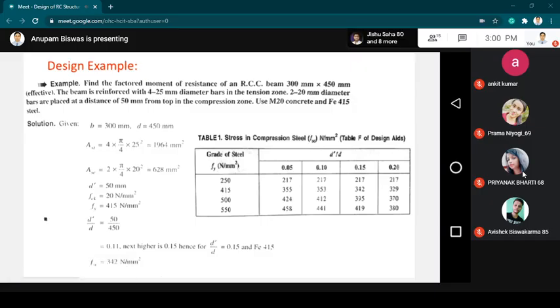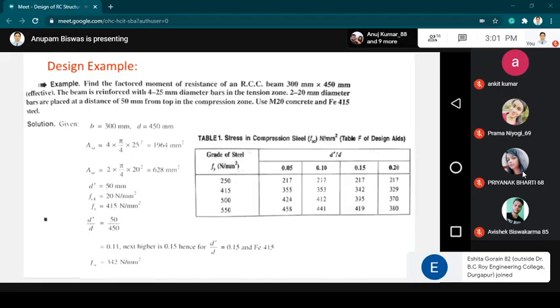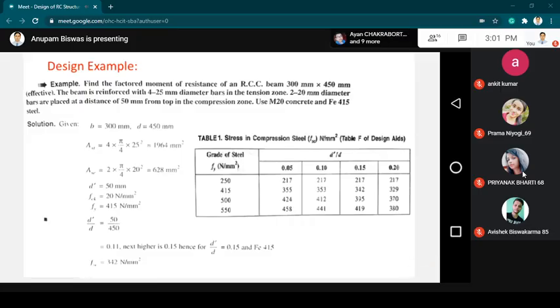Okay, so we cannot take the value of 0.11. We have to actually take the value 0.15. From the value of 0.15 for Fe415, from the table you can see it is 342 Newton per mm square. So we have to consider FSC as 342 Newton per mm square. Okay, if this d dash by d value comes below 0.1, suppose it would have come as 0.08 or 0.07, then what would we have taken?